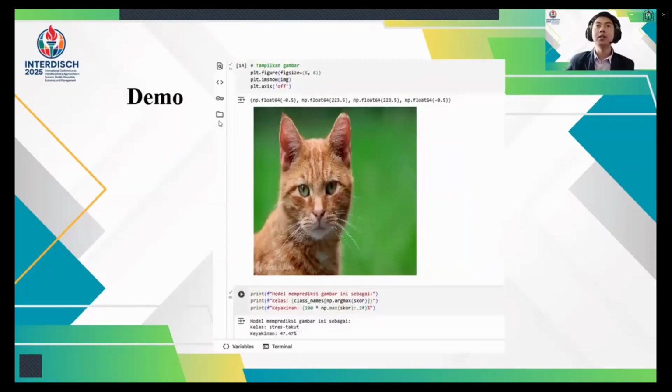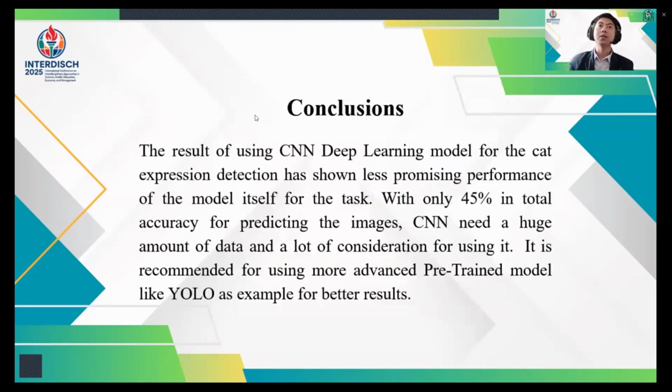For the demo itself, I tried the trained CNN model, and it only got 47.47 in confidence score. So not very good. For the conclusion, using a CNN deep learning model for cat expression detection has shown less promising performance.